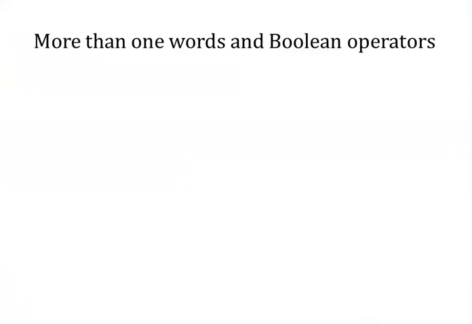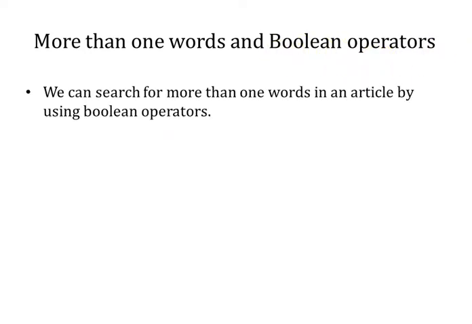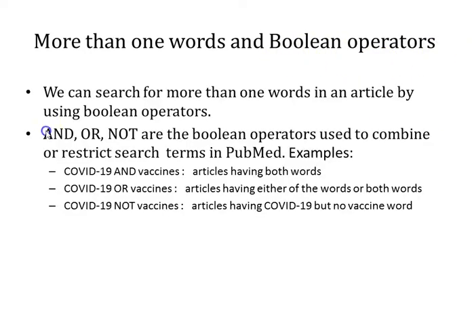When I have two words in my topic for searching, I can use another feature of PubMed, that is Boolean operators. The Boolean operators include AND, OR, NOT. And these operators combine the two terms in your topic name. For example, the topic is COVID-19 vaccines.